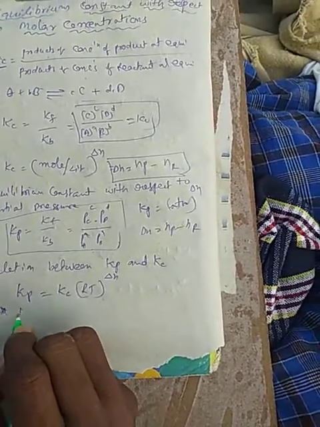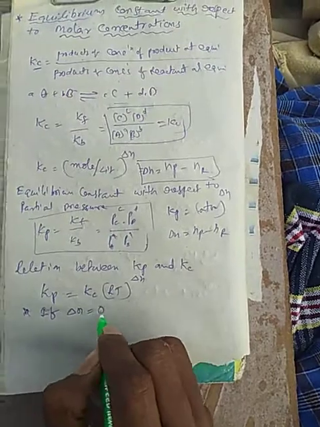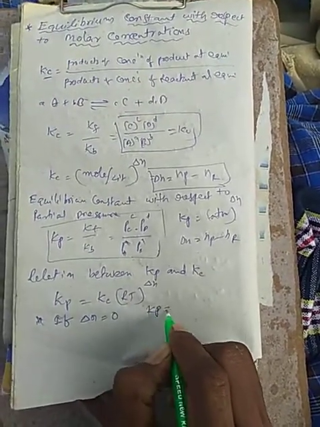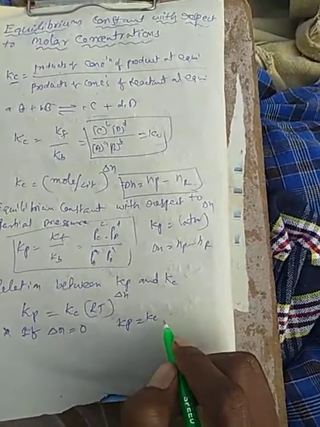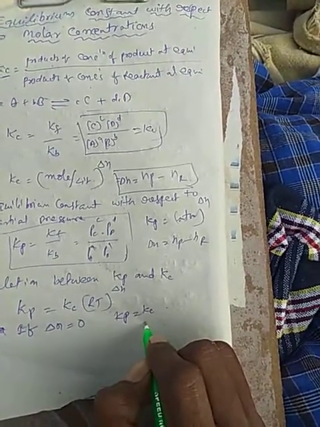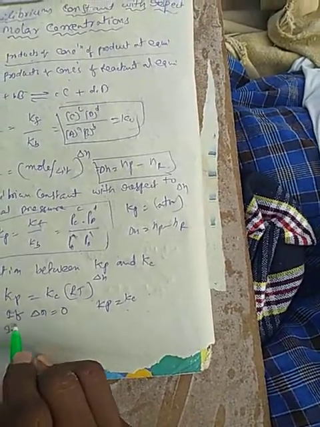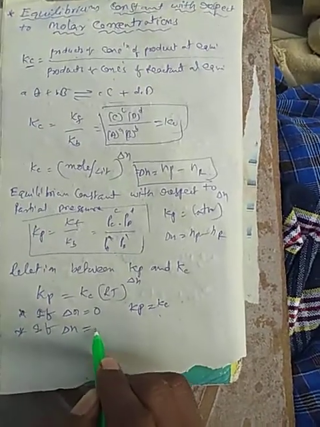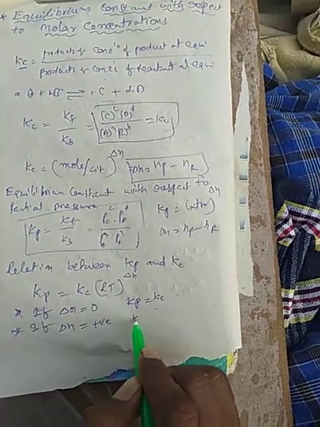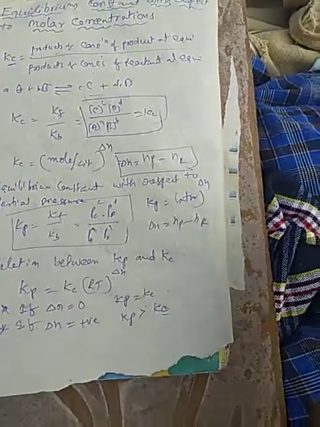First, if delta n is 0, then Kp is equal to Kc. Next, if delta n is positive, Kp is always greater than Kc.